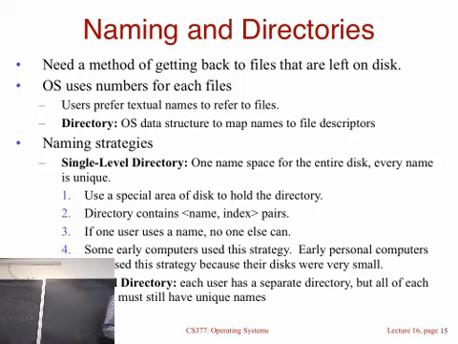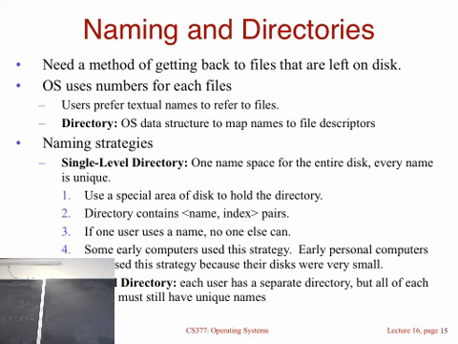So one way to make this a little bit nicer is to use a two-level directory, where rather than just one directory, we have a directory for every single user. So user A, user B, user C, and each of these refers to a second level directory.